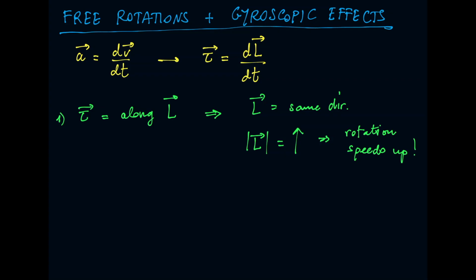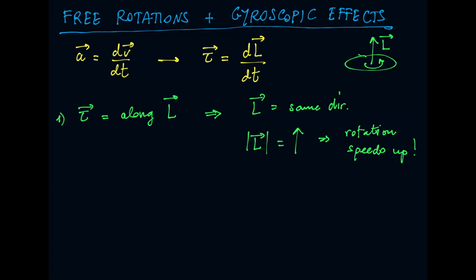Nice. So if you apply a torque in the same direction as the angular momentum, and remember both are those weird cross products, so for a disk spinning anti-clockwise like this, the angular momentum vector will be pointing upwards.